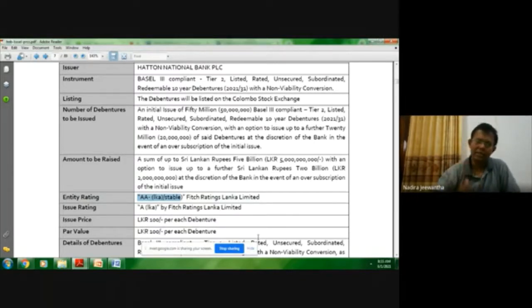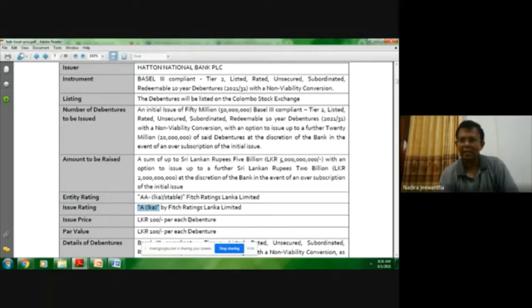See, A, B, C, D. A is the good one. B is the bad one. C is the worst. D is the default. Now see, HNB has this rating, AA minus, but this particular instrument has A, which is better.